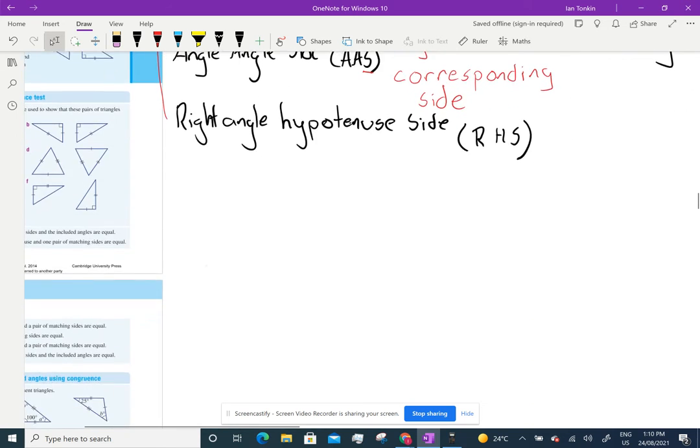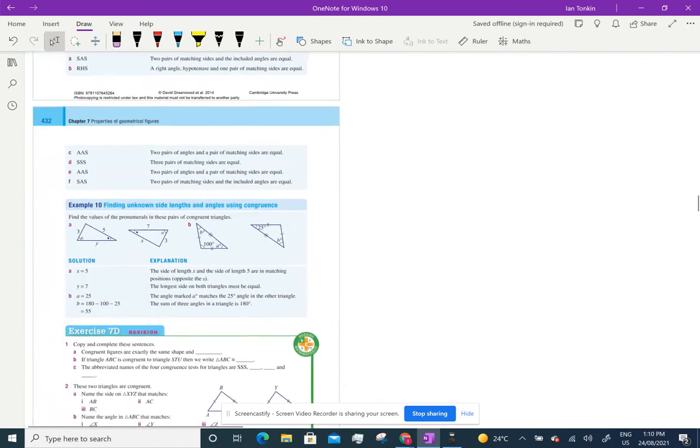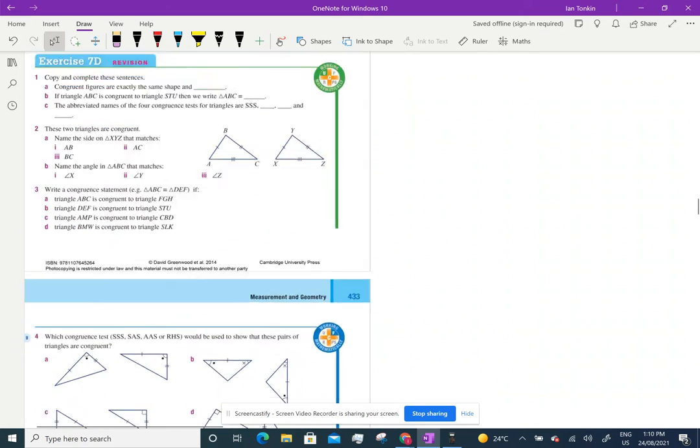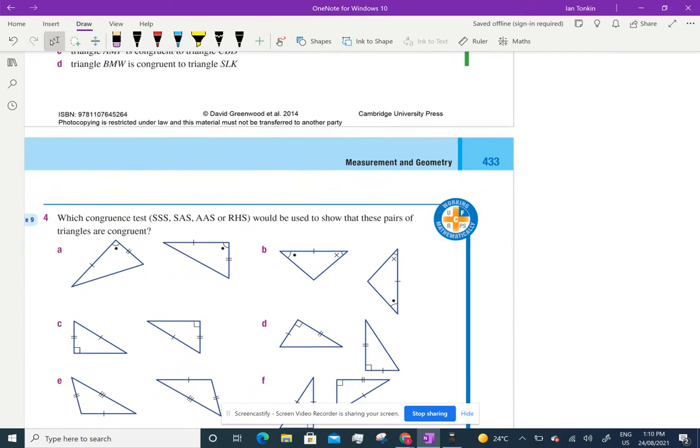So if we look at some of these questions, and we're not going to spend very long on these, which congruence test would be used for these? Well, here you can see you've got a side and a side and an angle in between and a side. So that's side angle side.